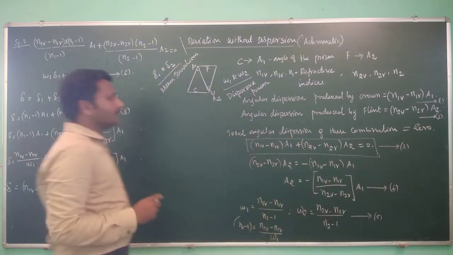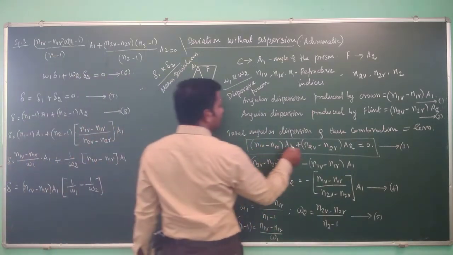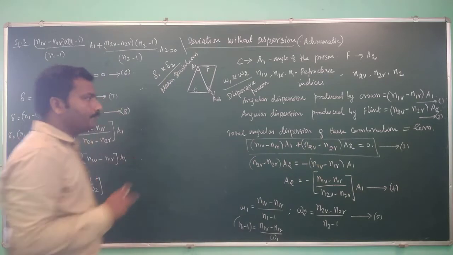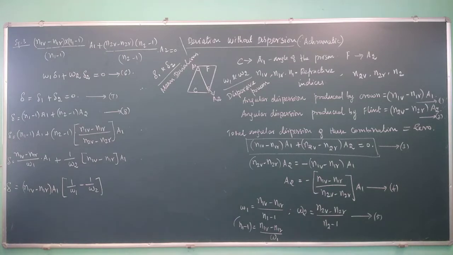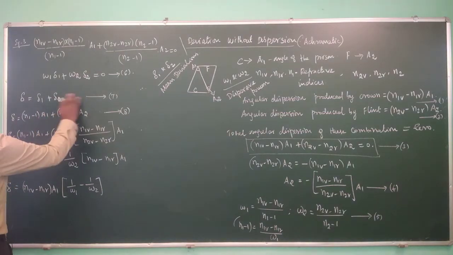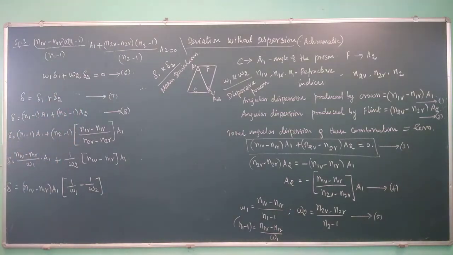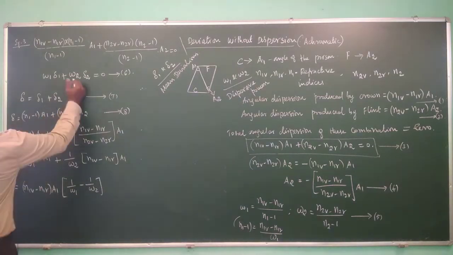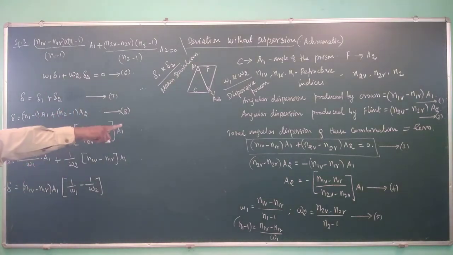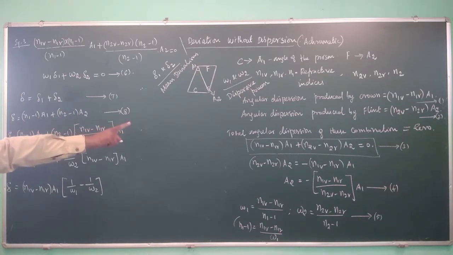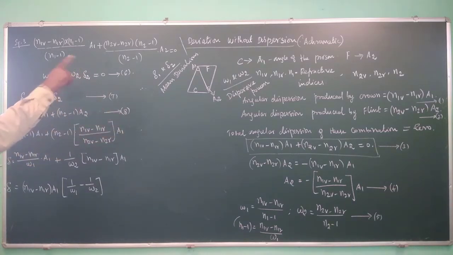If you substitute the values for all these, if it goes to 0, then we will have only deviation, and this is not equal to 0. We are discussing deviation without dispersion, right? So this should not equal 0. I'm sorry. So that is the case for dispersion equal to 0, and we have only deviation.